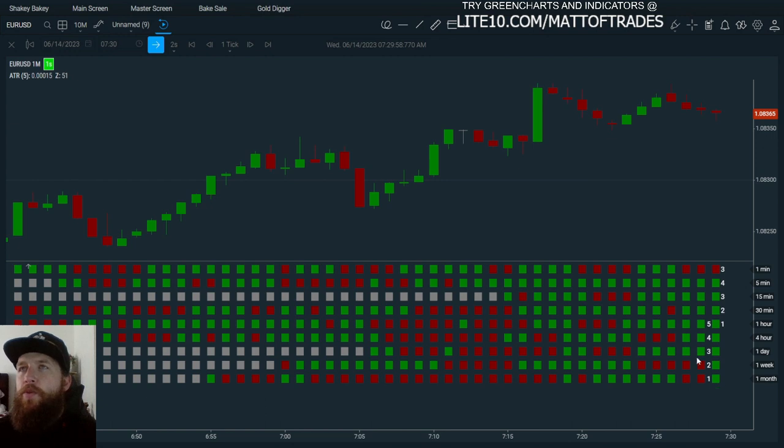What you can deduce from this is that overall the market has been pretty bullish, with a little bit of intermittent pullbacks on the 1 minute time frame. We've got a small pullback here, small pullback here.